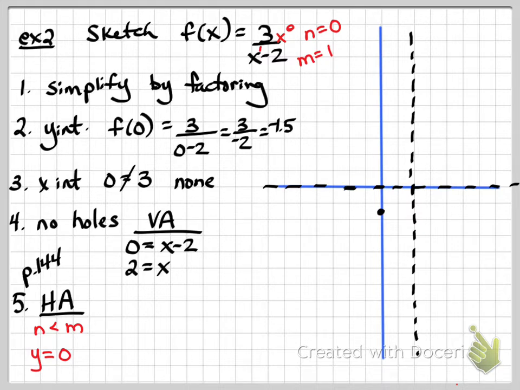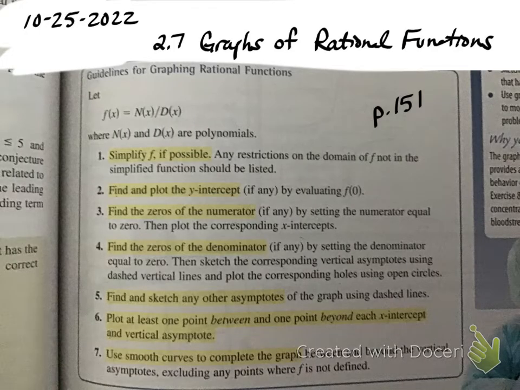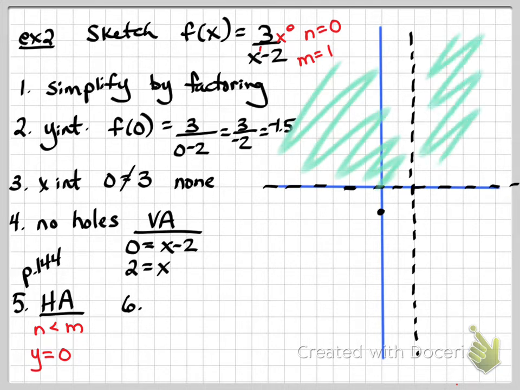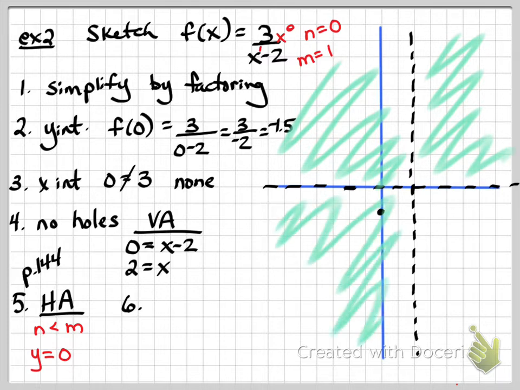Number 6 says, plot at least 1 point between and 1 point beyond each x-intercept and vertical asymptote. So what that means is, right now, our asymptotes have divided up this graph into these 4 sections, or quadrants.